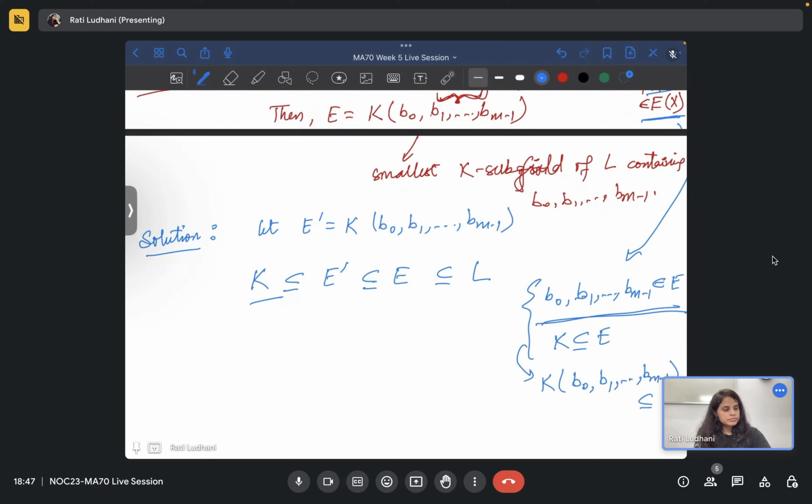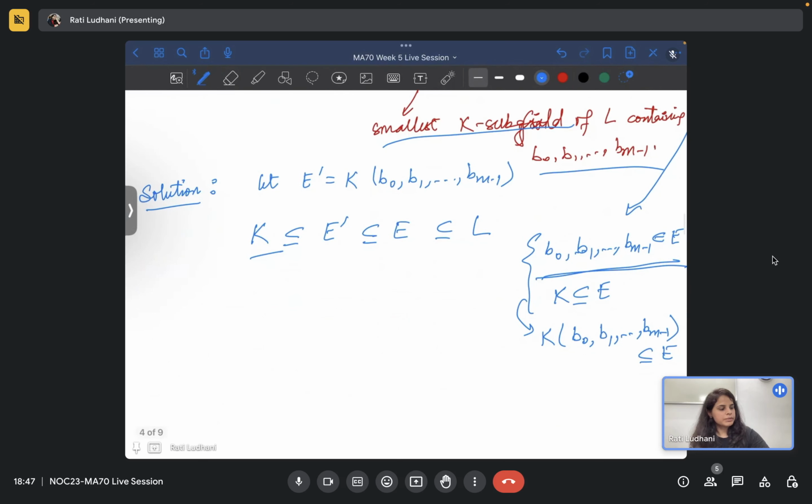That is the definition. So K(b0, ..., bm minus 1) is contained in E, and that is exactly your E dash.